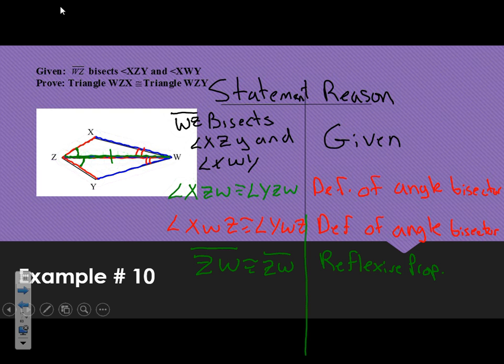Now we have enough information to prove that these are congruent. So we're going to say triangle WZX is congruent to triangle WZY. And the reason is going to be angle, side, angle.